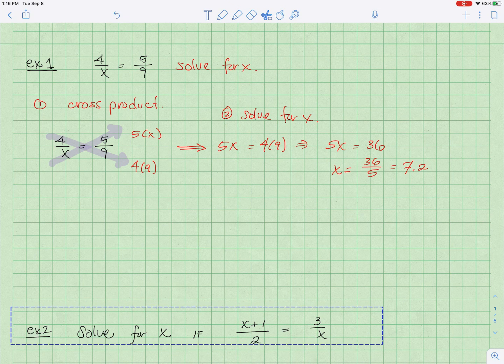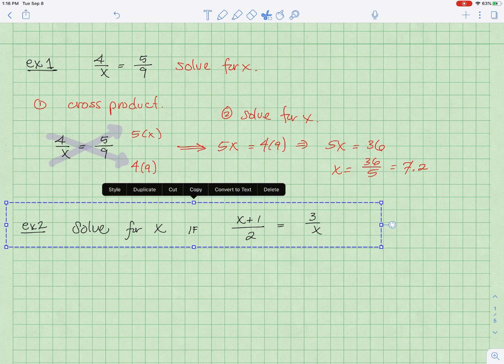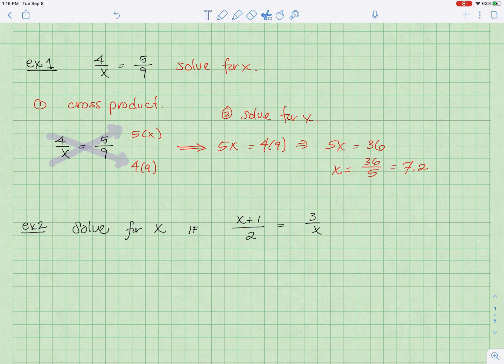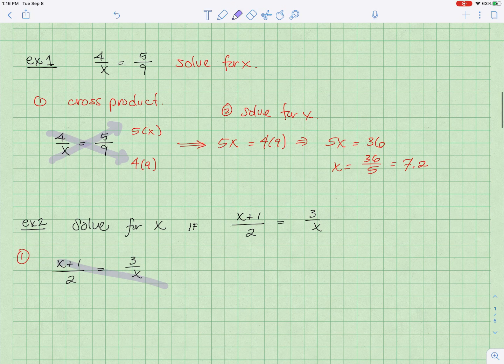Okay, let me move this second example up a little bit. Here we have another one. We have variables all over the place. Solve for x if the proportion is x plus 1 over 2 is equal to 3 over x. So again, we'll start off, and our step number 1 here will be to do our cross product.